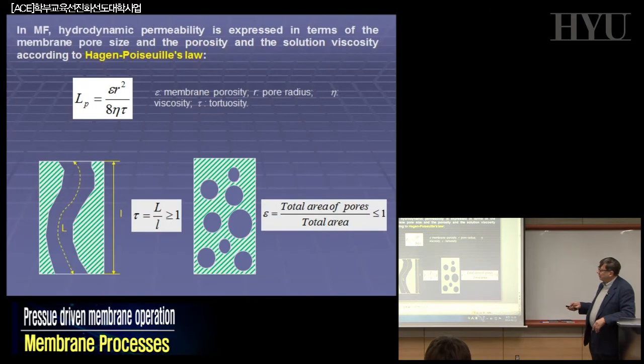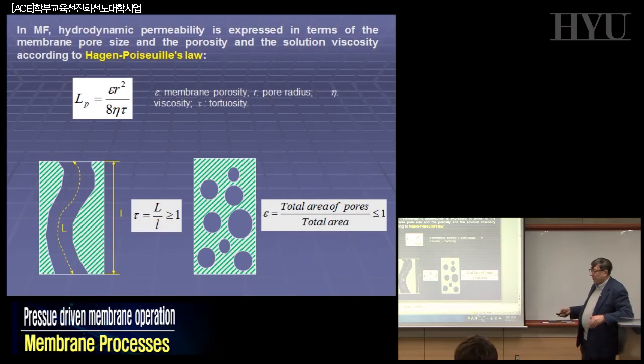What you have to remember is that in this case, the term of proportionality that we saw in our relationship, the LP, is related to the membrane porosity, to the size of the pore, to the viscosity of the solution, and to the tortuosity. Tortuosity is a term that normally is not so easy to elaborate, but all these terms are part of the LP.